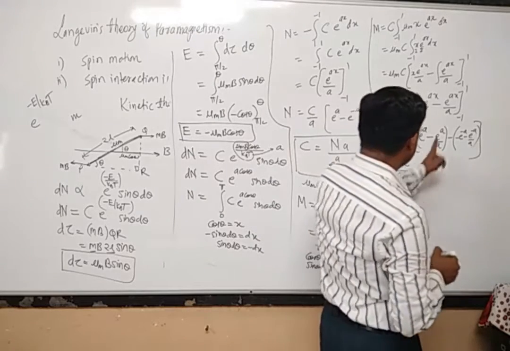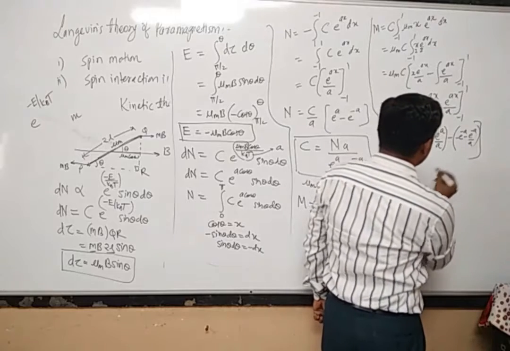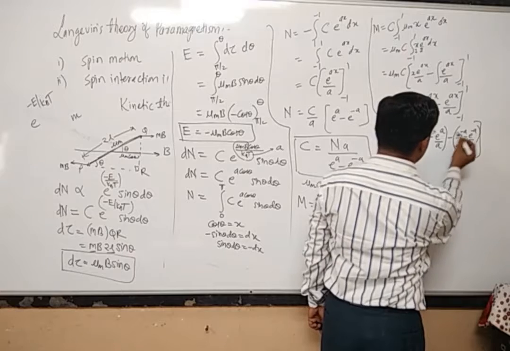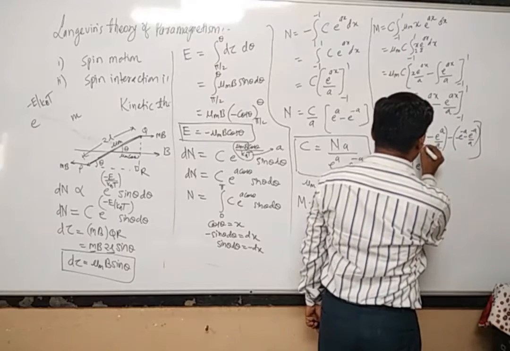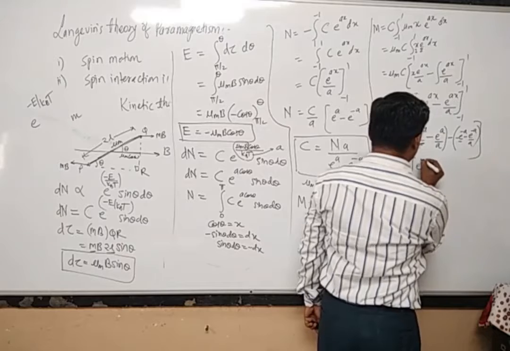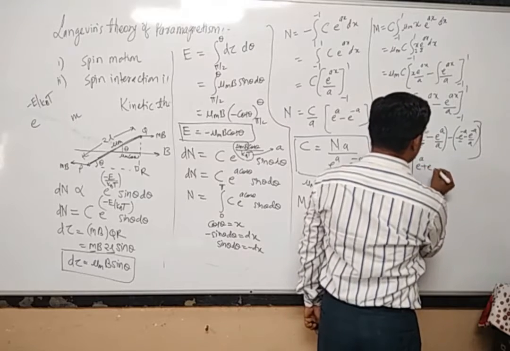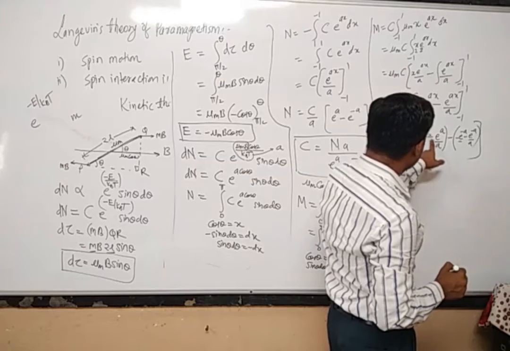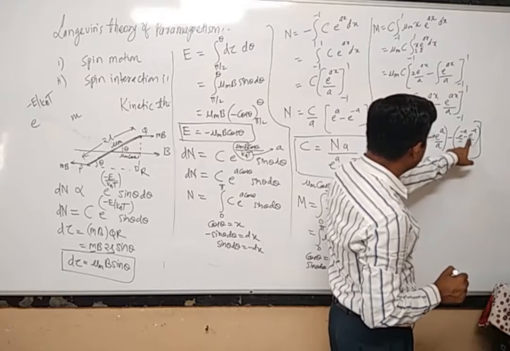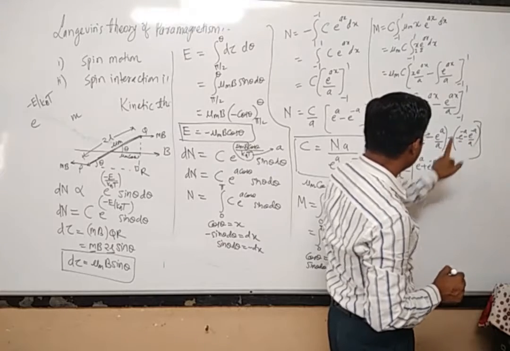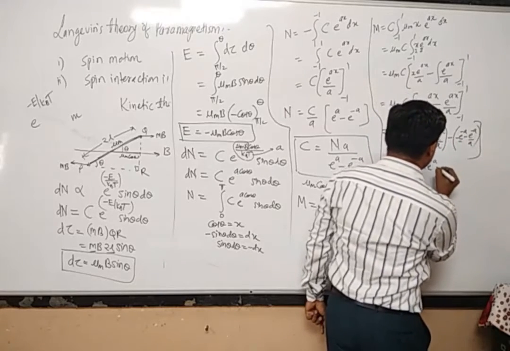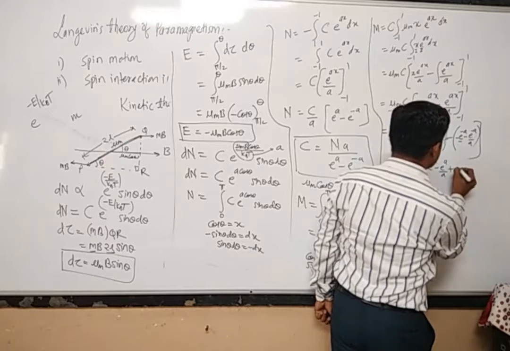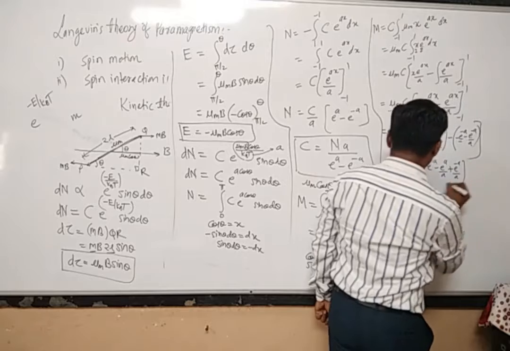Now let us solve this. What we can write: this minus will be plus, so e raised to power a, this first and this second, then e raised to power a plus e raised to power minus a. You see minus sign and minus again plus sign. So I will just rewrite it first: e raised to power a divided by a, plus e raised to power minus a divided by a.